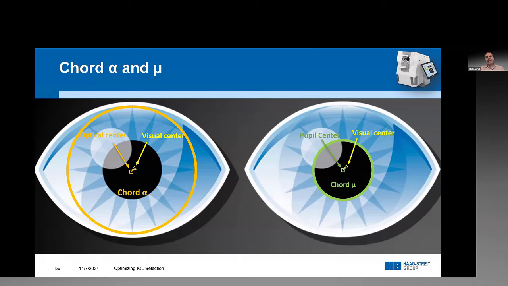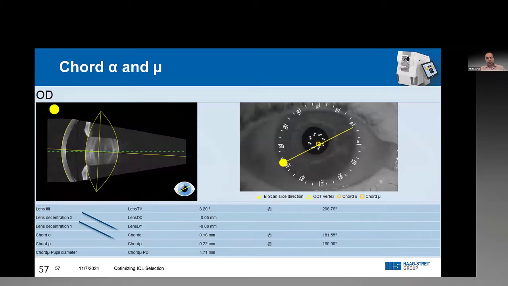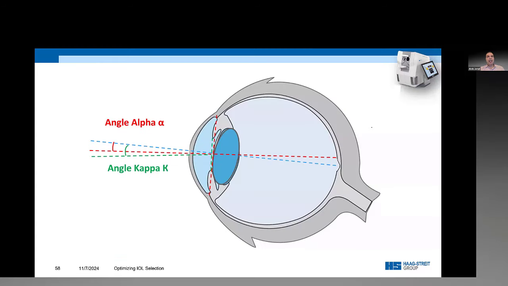Anything else is exactly the same. And Eyestar is the only biometer that measures these chords. For the chords, anything below 0.4 or 0.42 millimeter is considered to be normal. The chord values are also available on Eyestar as a standard.